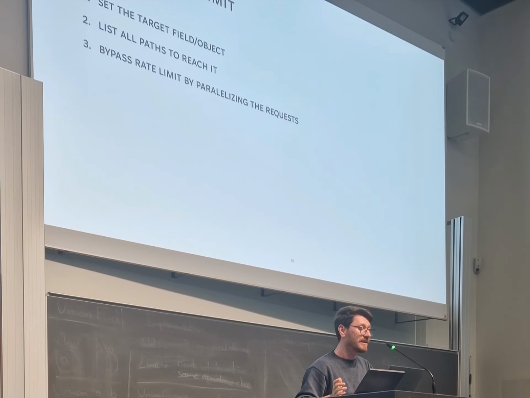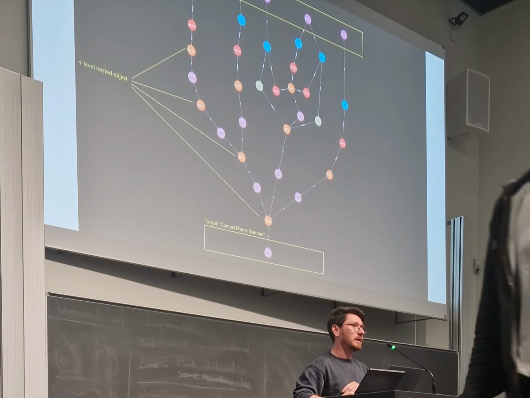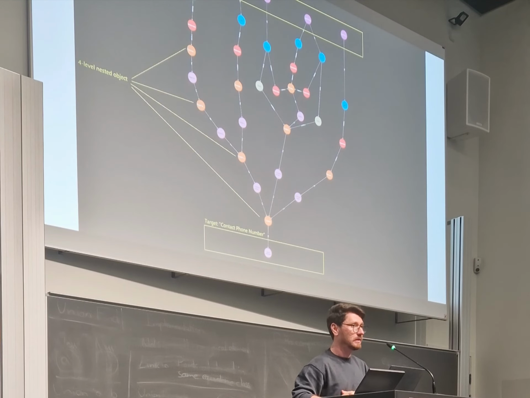I don't know if parallelizing is a word, but you get what I mean. So what I did was set the target point to the contact phone number and then see what all the endpoints are that can reach it. So let's say you have a rate limit of 100 per hour, but if you create a script that will query each one of these endpoints, you can exfiltrate like 500 per hour because each one of them runs in parallel and each one of them has its own rate limiting.